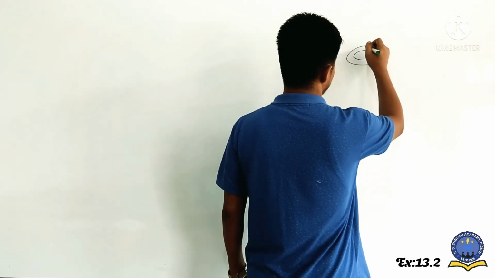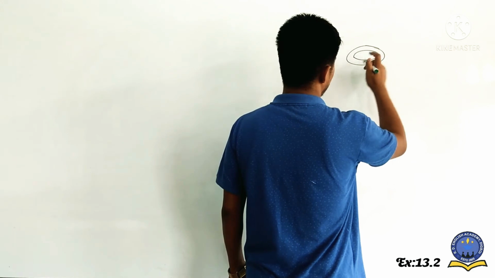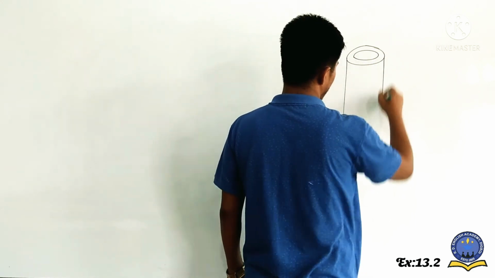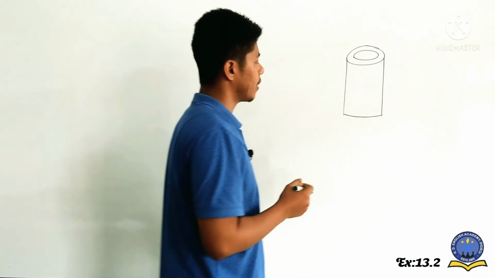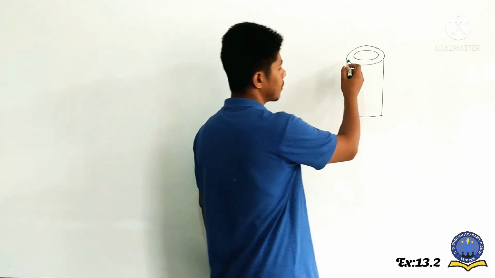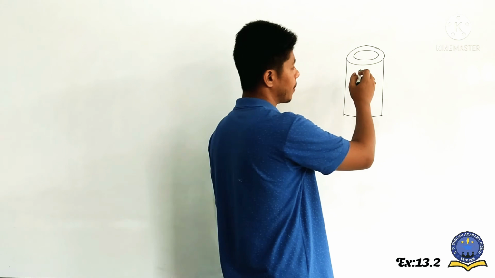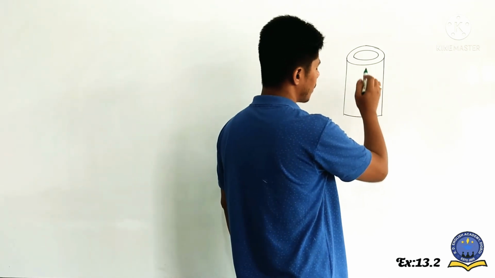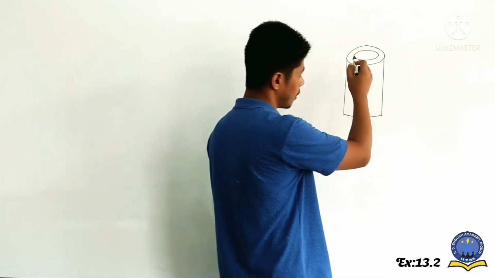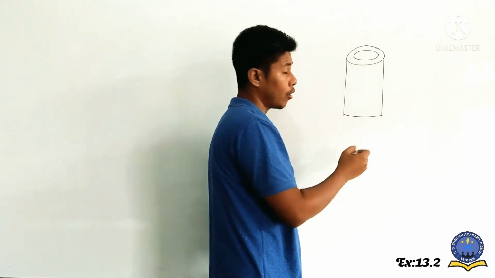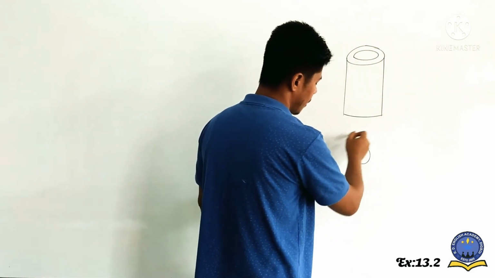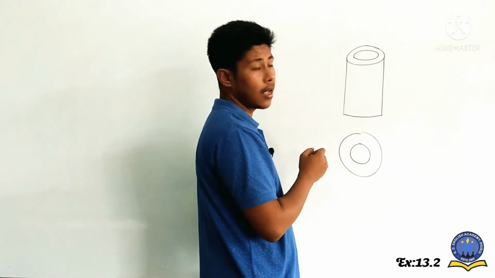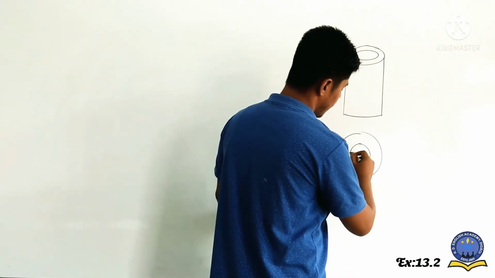This inner part is the inner diameter we consider, and this one is the outer diameter. One thing you remember here: if we consider the top view, it looks like a circle, and this one is the inner diameter and this one is the outer diameter.